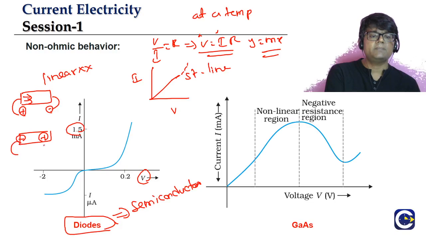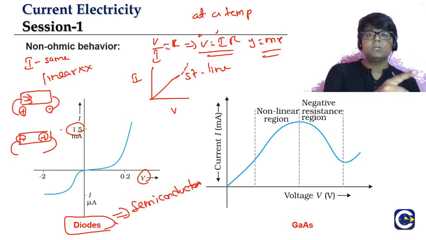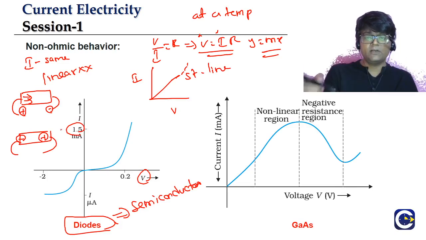So I can either make the left hand side of the object positive and the right hand side negative, or make the right hand side positive and the left hand side negative. The normal metals, in both cases, are going to give us the same value of current. So whether you apply the potential from right to left or left to right, the potential difference, because we are changing what?